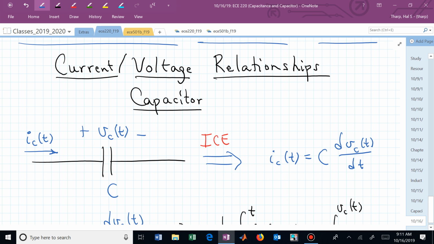The time rate of change of voltage establishes a current flowing. Now remember the displacement current and the conduction current. We'll just be saying the current through the capacitor, knowing that it's sort of this connection between displacement current and conduction current.